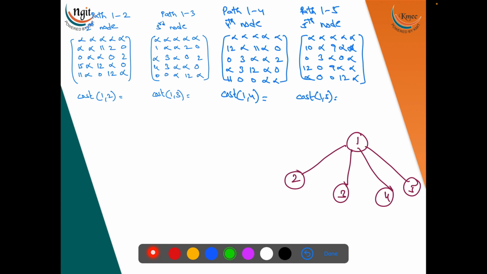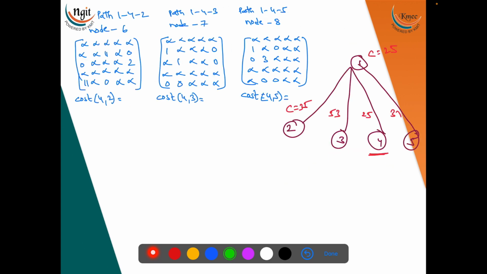Now look at path 1 to 4: the first row should be infinite, the fourth column should be infinite, and 4 to 1 should be infinite. The same follows in all the costs, that means cost 1 2, cost 1 3, cost 1 4, cost 1 5. After you get all these costs, whichever cost is minimum, that path is going to be explored.